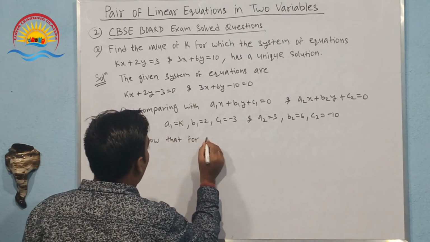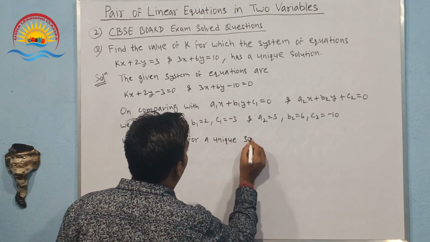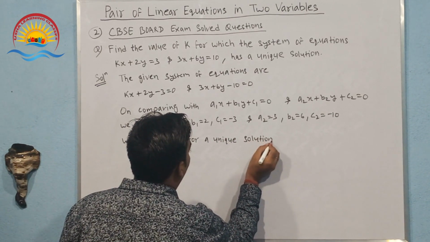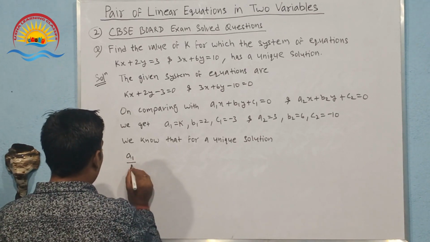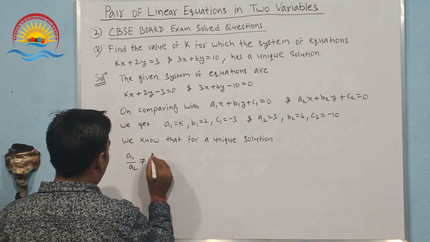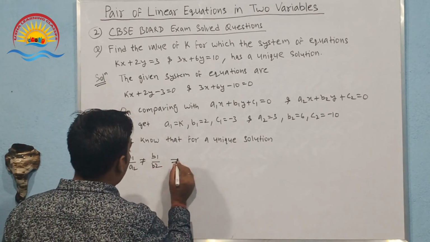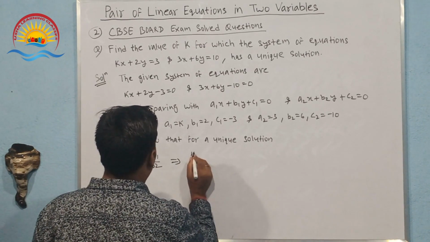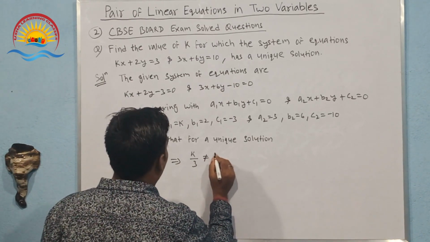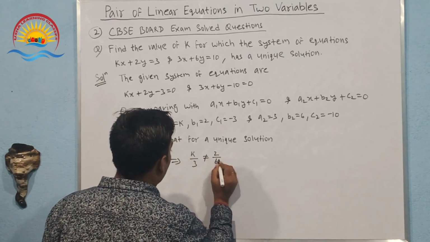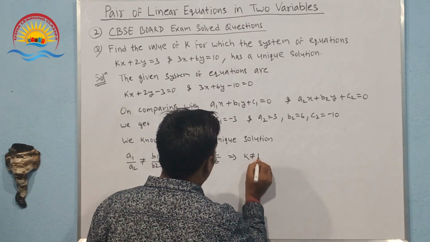We know that for a unique solution, a1 by a2 not equal to b1 by b2. This implies that k by 3 not equal to 2 by 6. This implies that k not equal to 1.